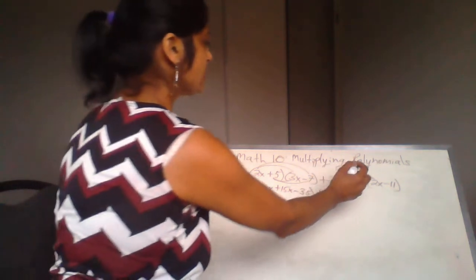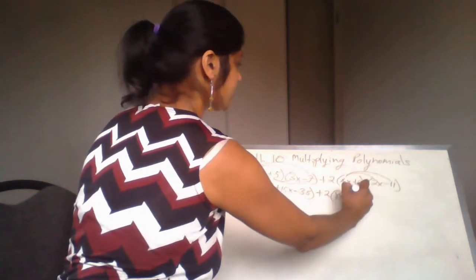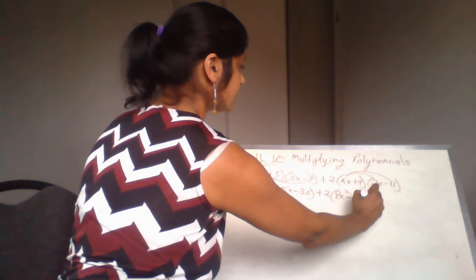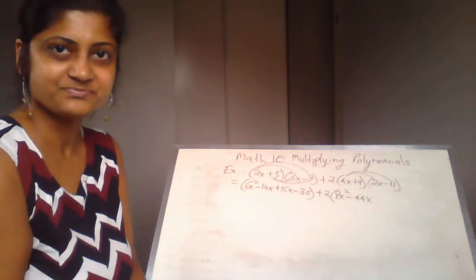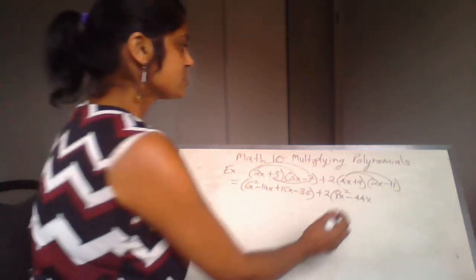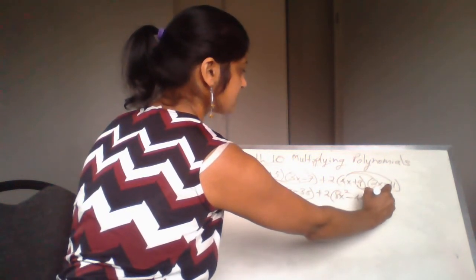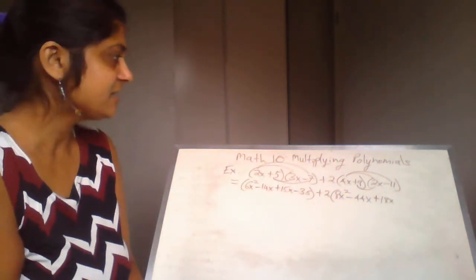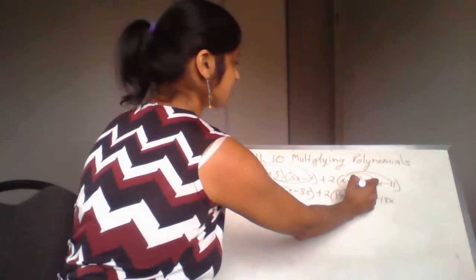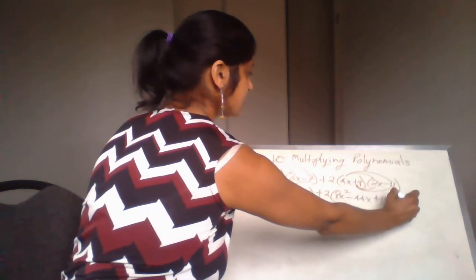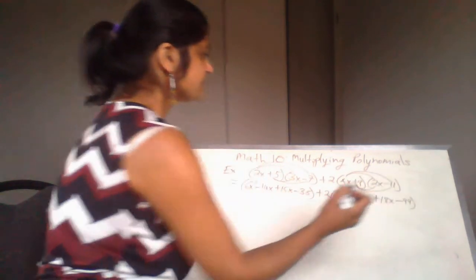Then 4x times negative 11, so negative 44x. And then I'm going to do what's on the inside here. This is a 9, so 9 times 2x is plus 18x. And this is the last term. I'm going to do 9 times negative 11, so negative 99.